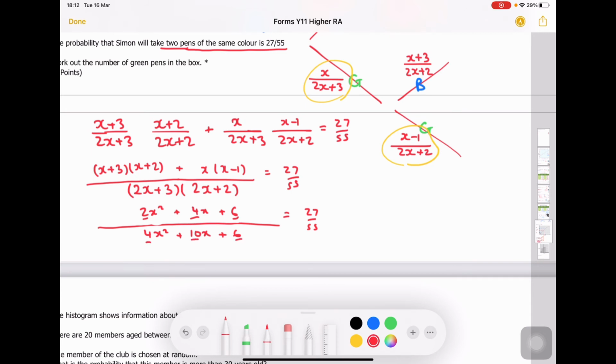So let's write this out. Alright, here 2x squared plus 4x plus 6 over 2x squared plus 10x plus 6.